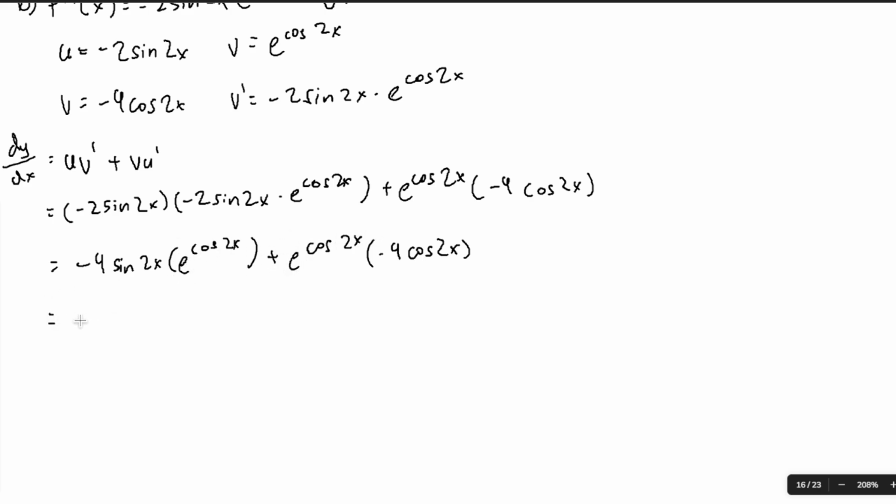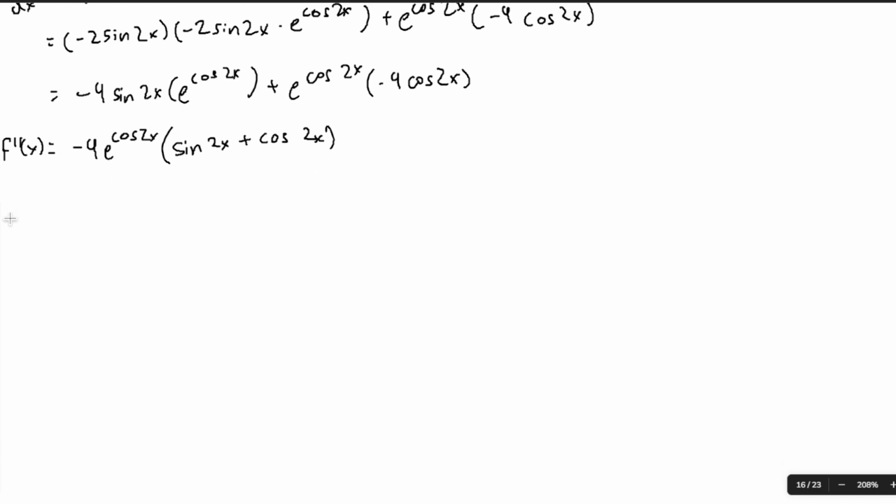So we would be left with minus 4 e cos 2x, open bracket, sine 2x plus cos 2x. Now this would be our f dash of x.